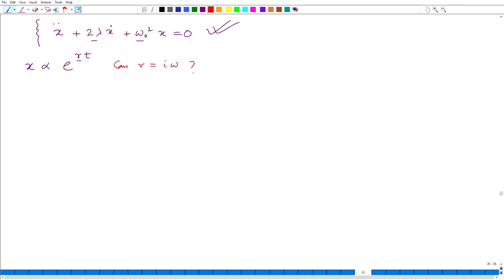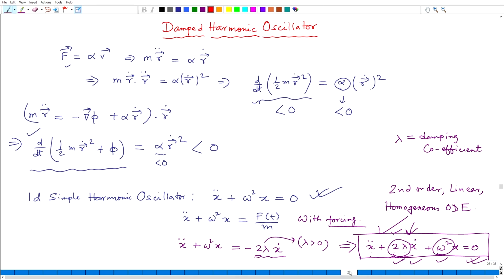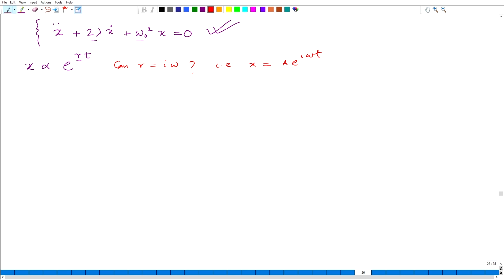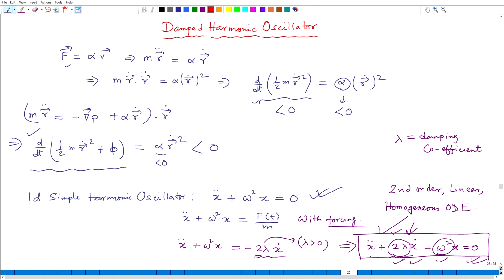Okay. So, if you do that, that means can x be equal to some a e to the power i omega t? Okay. Let me just give a clarification over here.